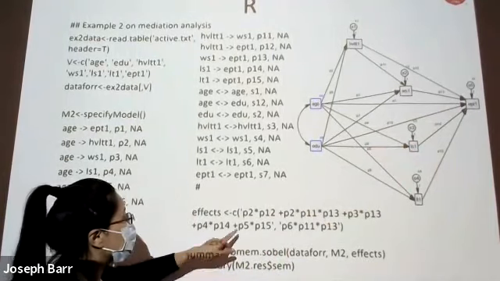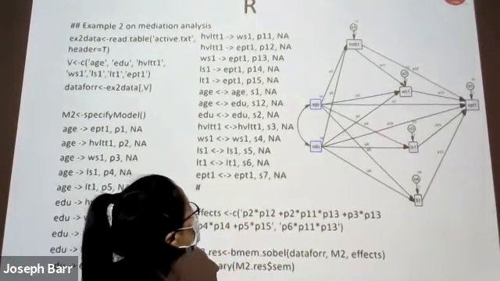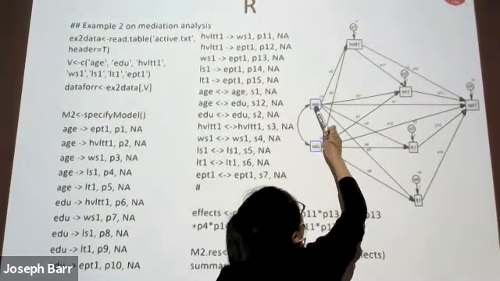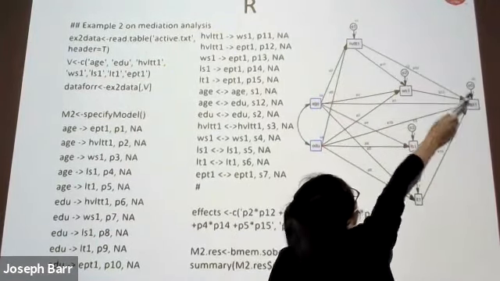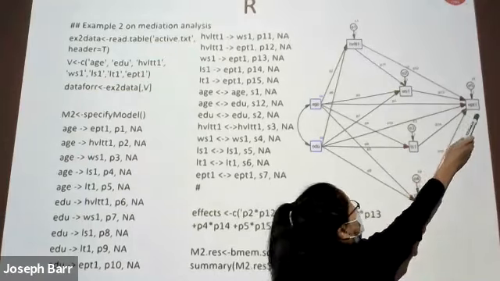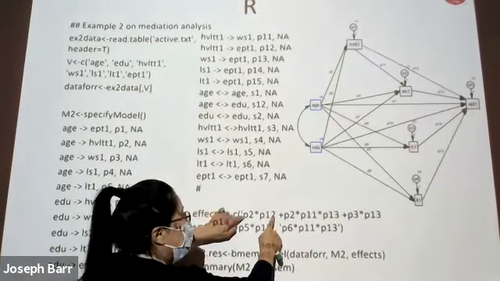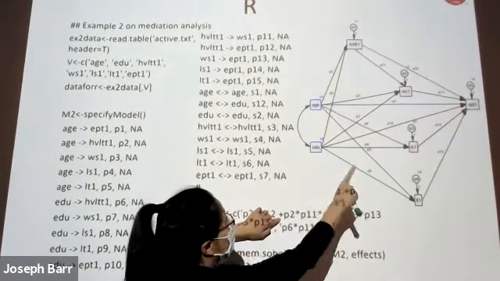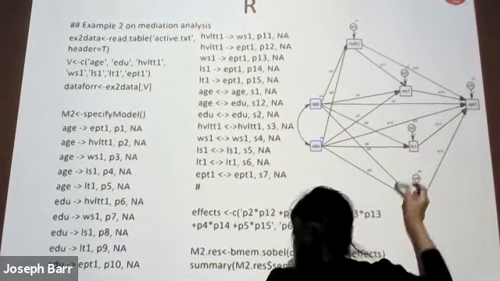And of course, we can also look at this part. What is this part, okay? P2 times P12, P2 is this, P2 times P12. That is a mediation from the H to HVLTT to EPT. That indirect effect, that's one component. And we have another component, P2, P11, P13. Okay, this is another component.